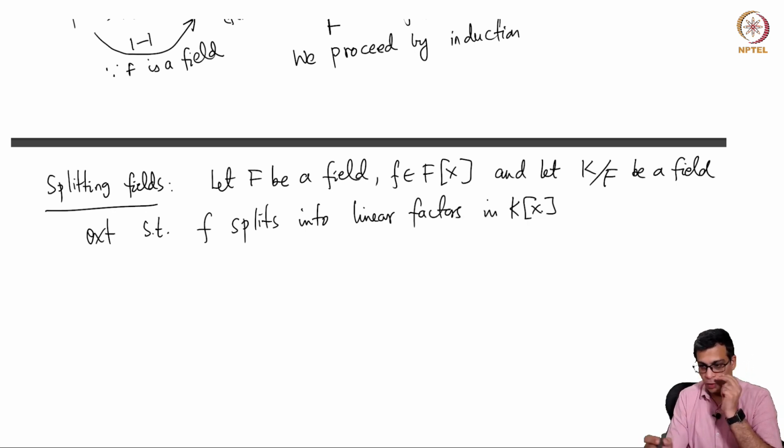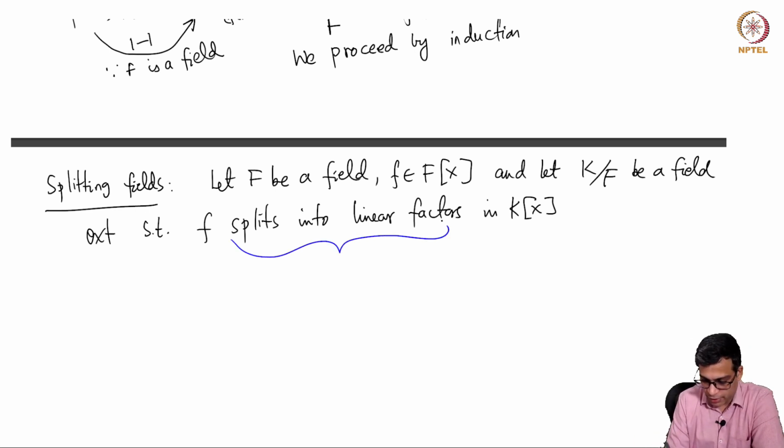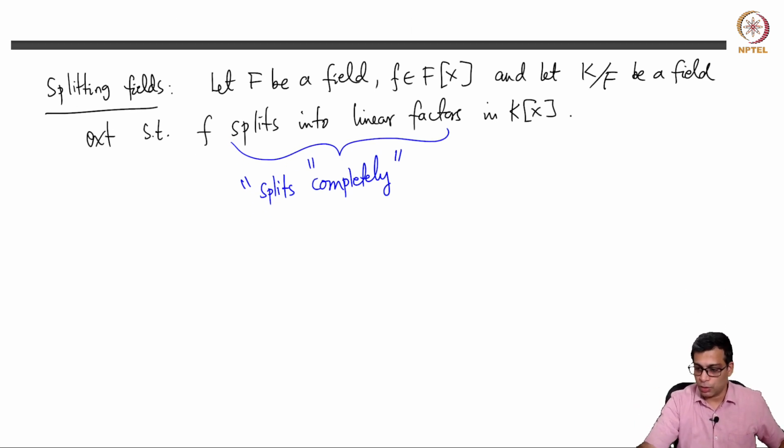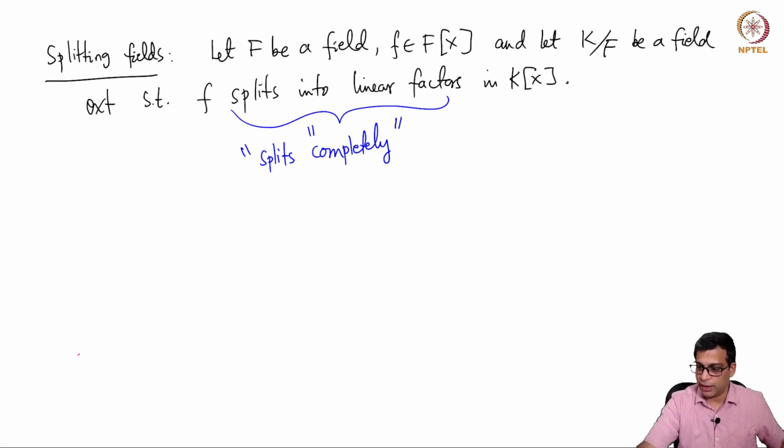Okay, just to avoid writing this entire sentence, splits into linear factors, I will express that as splits completely. Splits completely means you can write, if f has degree 10, there will be 10 linear factors, maybe repeating, but there will be 10 linear factors. So now such a K exists by the previous theorem.